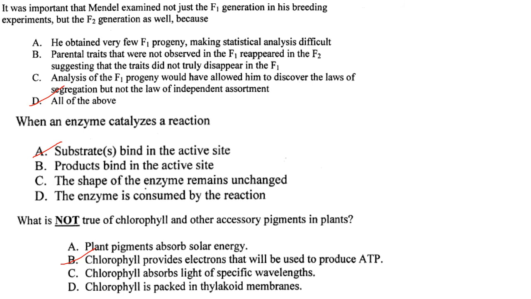During the electron transport process, H plus is pumped across the thylakoid membrane and the resulting electrochemical proton gradient drives the synthesis of ATP in the stroma.